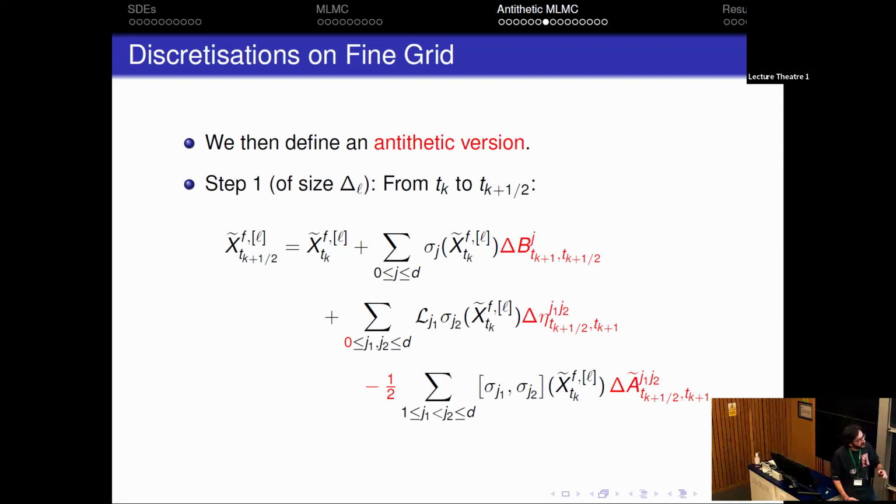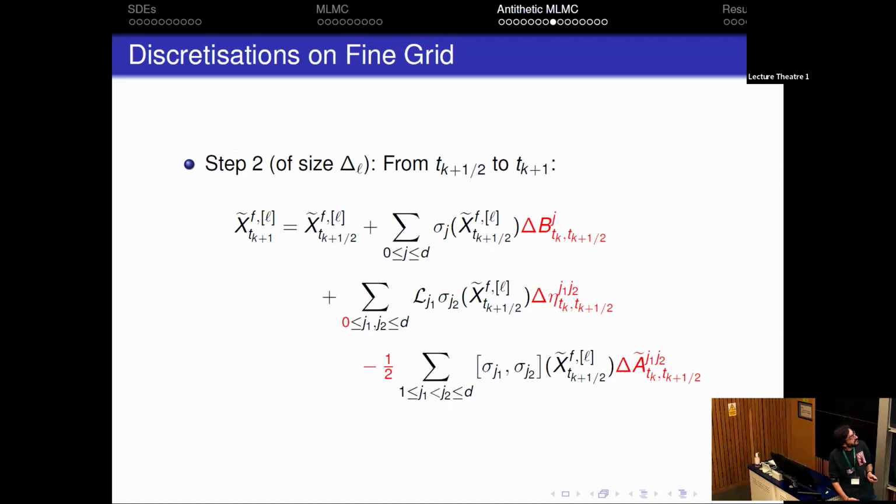It's just a coincidence somehow that doing these tricks will cancel out some terms, and that's pretty much the idea. All right, that's the second half step, so that we reach also the 1 step of the coarse level. So the second half step of this antithetic scheme at the fine level. And now we use the increments from the first step of the non-antithetic scheme.